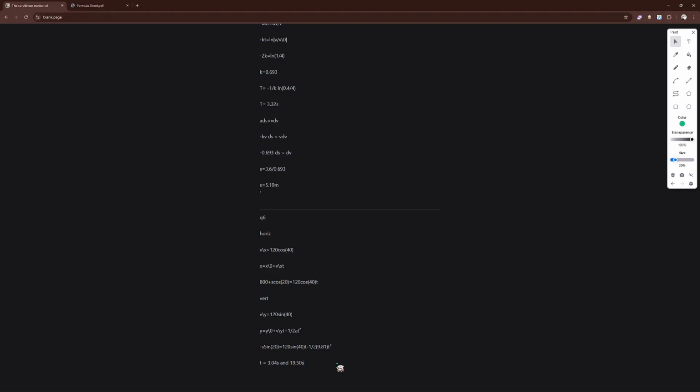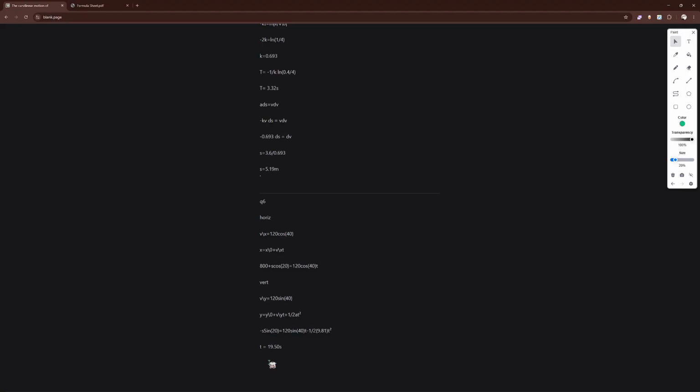No? Okay, then that's wrong. Moral of the story, we're crossing out 3.04 as an answer. I'm just going to cross it out. That's not an answer. It does not make sense in our equations. Anyways, 19.50 is our correct answer. Keep that in mind. I'm just going to erase that so that no one gets confused. 19.50 seconds is the correct time.